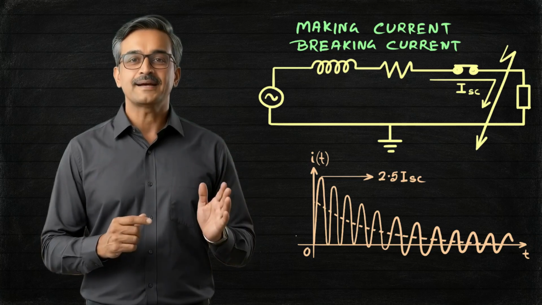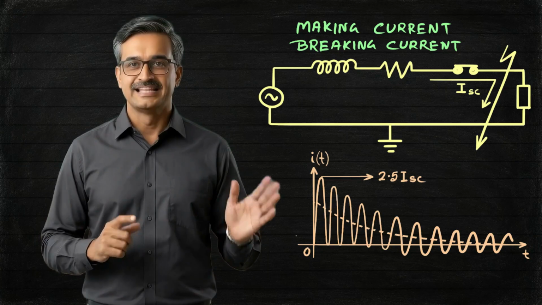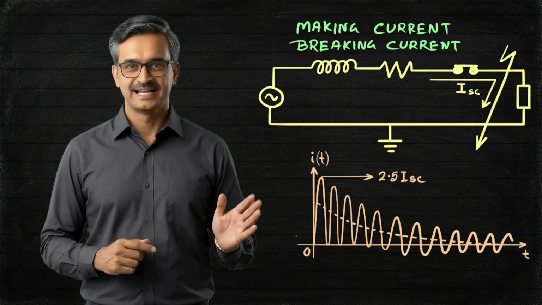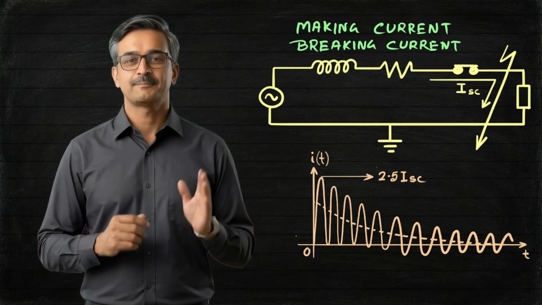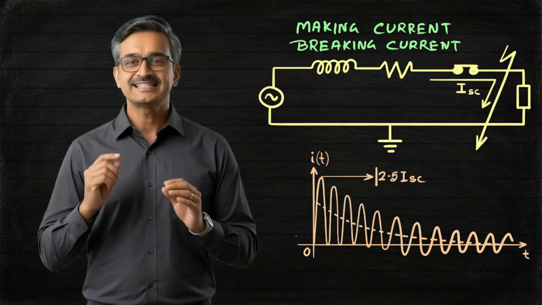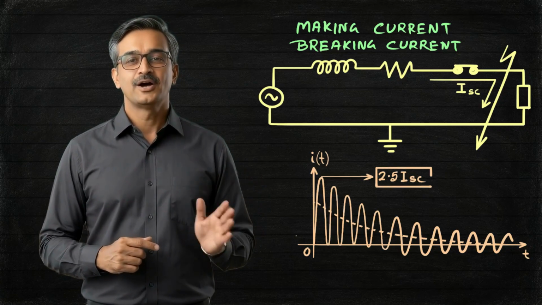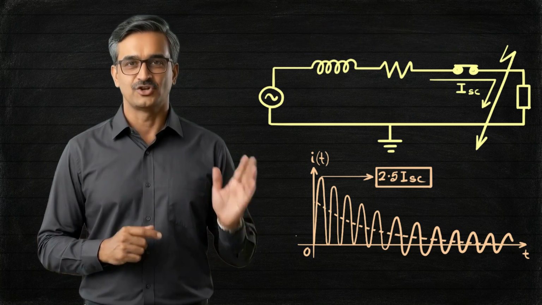At this instant, because of the maximum DC offset, the current reaches its highest peak value, which is approximately 2.5 times the RMS value of the steady-state short circuit current. Hence, the making current of the circuit breaker is equal to 2.5 times the rated RMS short circuit current of the system. Now let us understand what the breaking current actually is.